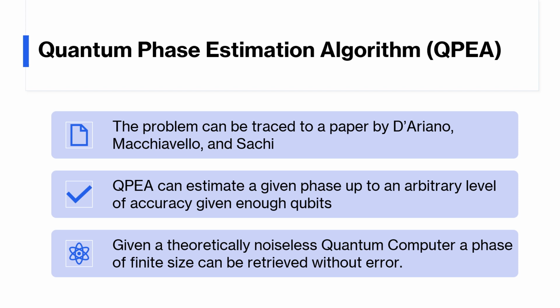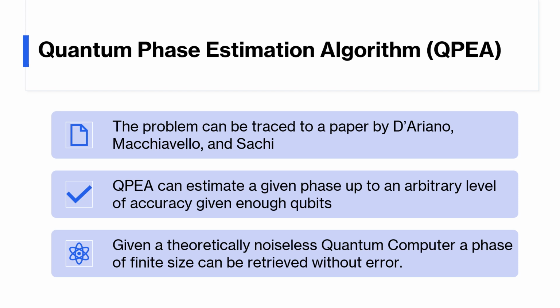This essentially goes about applying phase kickback to many different qubits, and then applying an inverse quantum Fourier transform, and we then measure that. This measurement is then converted back into the value of our phase.